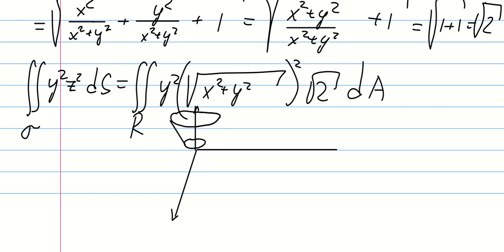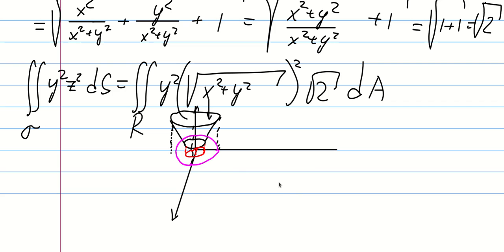And if we take a look from the top, on the bottom we just have to trace this big circle, right? And this small circle also we have to trace. So for the small circle, we're going to have a circle of radius 1 in the xy plane. And for the big circle, we have a circle of radius 2 in the xy plane.